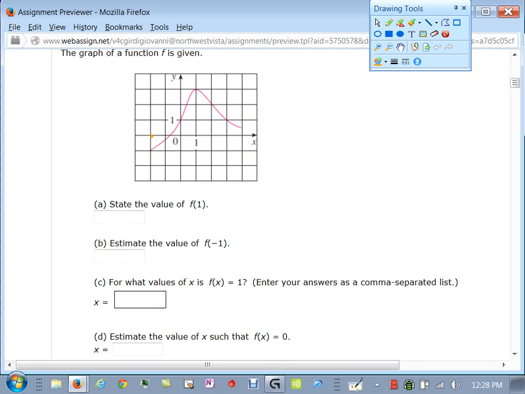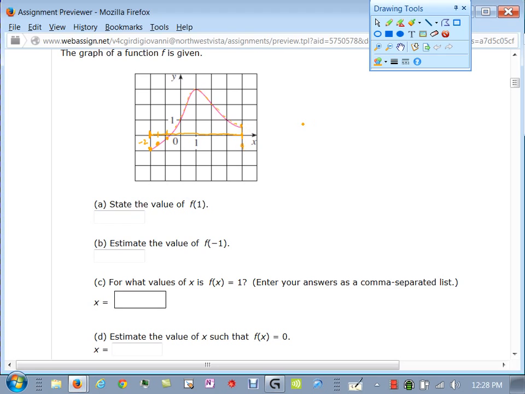So notice that my function starts out, if I look at my x values, for this x value, I have something. And for every x value, I have something all the way until I get to the end. And at the end here, that's the value that my function ends at. So that looks like -2 is where it starts, and it ends at 1, 2, 3, 4.